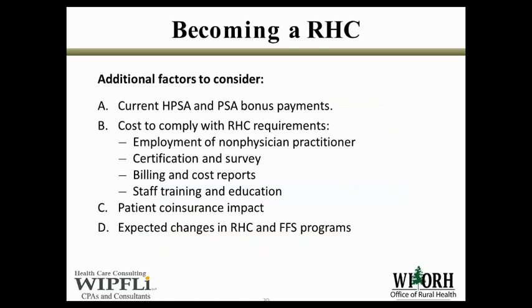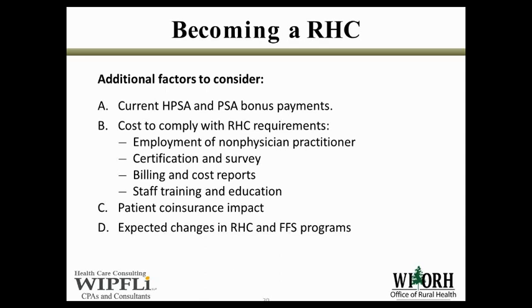There are other considerations to make when faced with the decision to become a rural health clinic. Other payments might occur under the traditional Medicare fee-for-service reimbursement, such as the health professional shortage area or physician scarcity area bonus payments. There are also costs to comply with some of the RHC requirements.